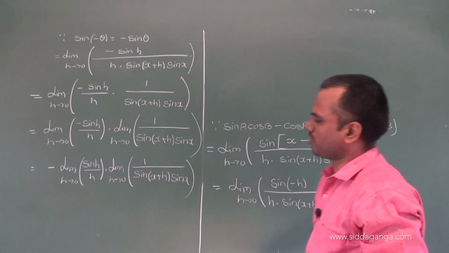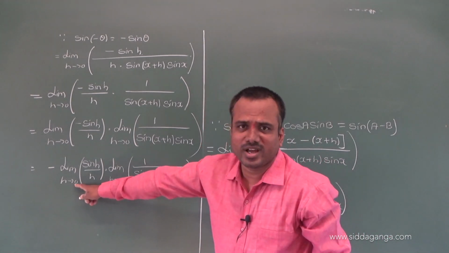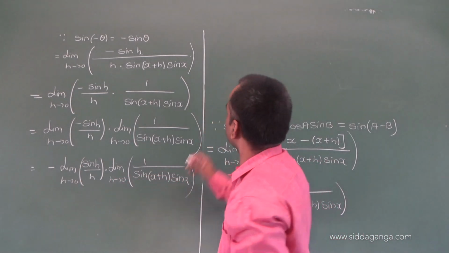If you write directly, no problem. Limit theta tends to 0 sin theta by theta is 1. This is 1.